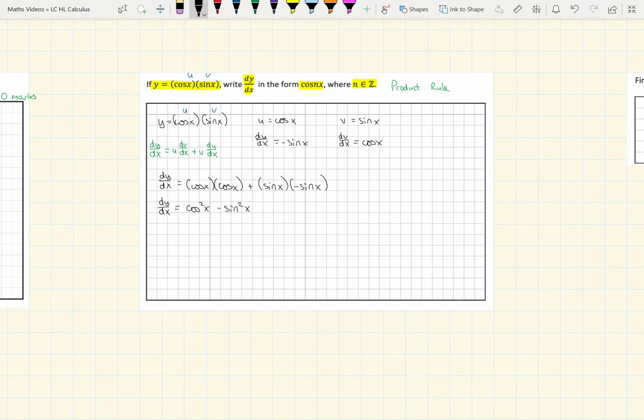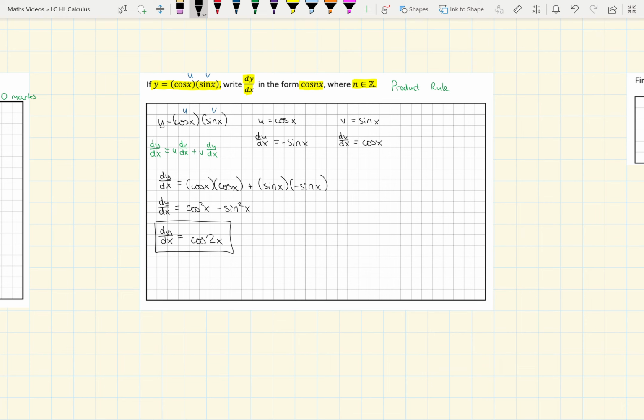And then for the end part, just a little bit of work involving our log tables. So we have dy dx then at the end. Just going to tidy up to cos of 2x. And again, that's just one of our trig identities that we can pull out of our log tables.